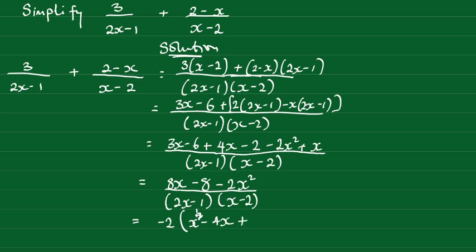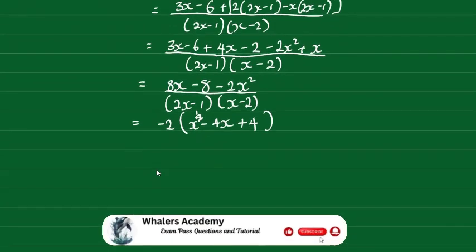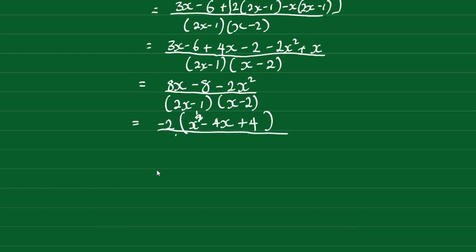Then we'll have +4, bracket close, divided by (2x minus 1)(x minus 2).